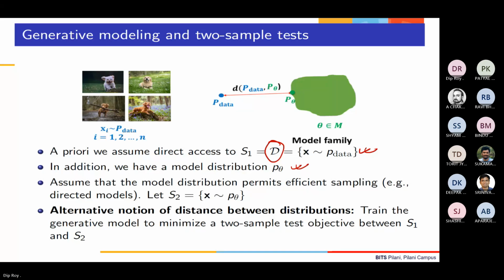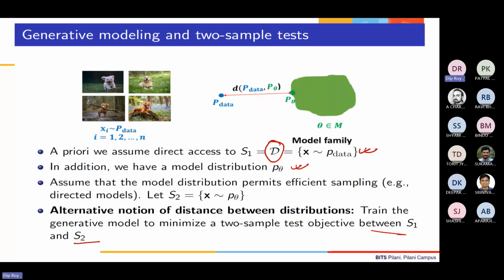Now, can we train a generative model to minimize a two sample test objective between S1 and S2? That is what we are going to do. Can we train a generative model to minimize the two sample test between S1 and S2? And that is going to be our alternative notion of distance between the distributions.